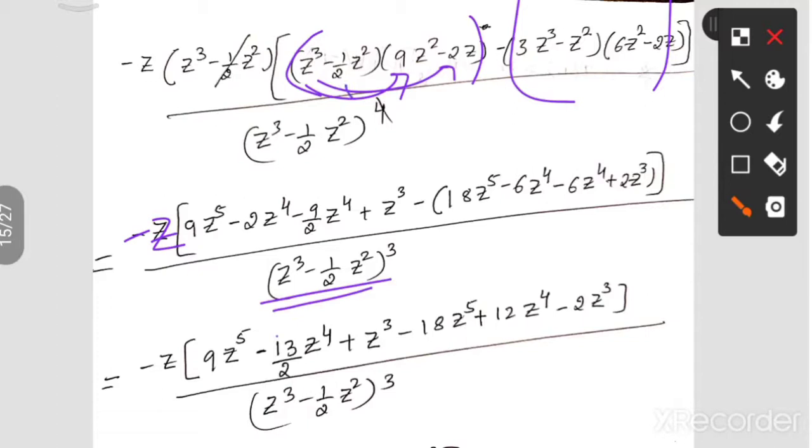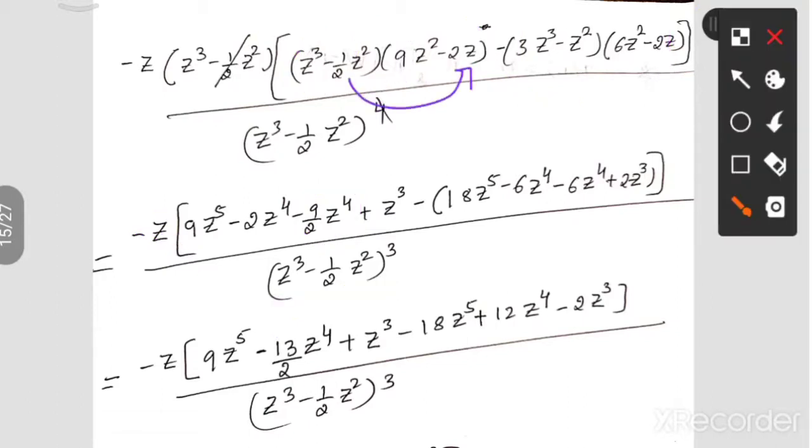Then this into this factor, distributive property we are applying, 1 by 2 z square into 9z square will be 9 by 2, minus 9 by 2 z raised to 4, and then we have to multiply with this, that is minus into minus plus, plus 1 by 2 into 2 will be 1 z cube, and then minus sign keep as it is in the second factor and expand these two, that is 3 into 3z cube into 6z square is 18z raised to 5. 3z cube into 2z is minus 6z raised to 4.